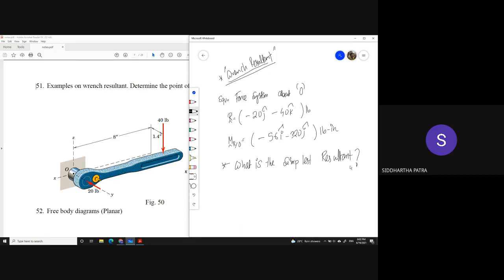Now you see this is true. And why is this true? Because this can be thought of as two parts. If you draw this diagram, there is your spanner.